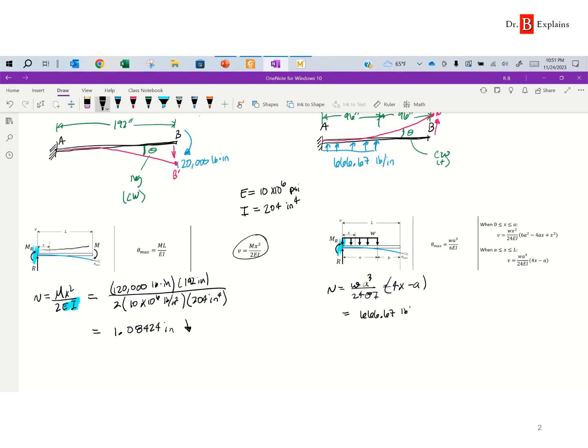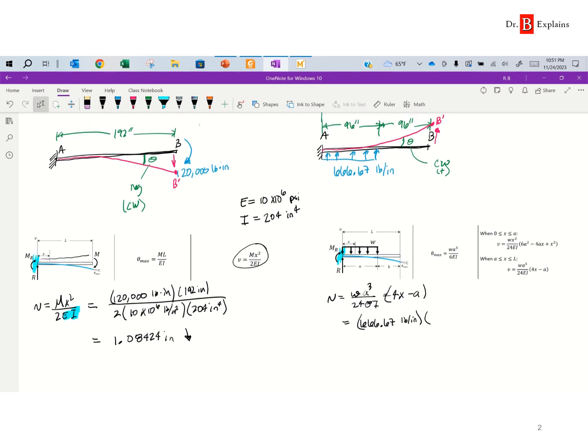If we put in the values, the distributed load is 666.67 pounds per inch, times a, where a is the span of the distributed load, which is 96 inches. That gets cubed, divided by the constant 24 times EI, where E is 10 times 10 to the 6 pounds per square inch and I is 204 inches to the 4th.